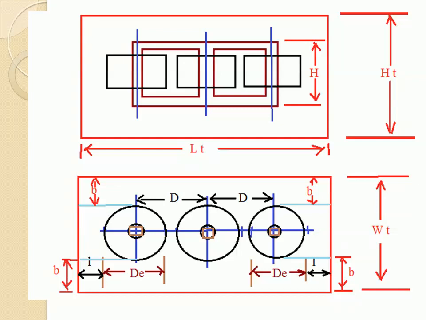Now you can see the diagram. It is clearly available. Capital H is the height of the frame. HT is the height of the tank. Capital D is the distance between adjacent core centers. DE is the external diameter of the HV winding.